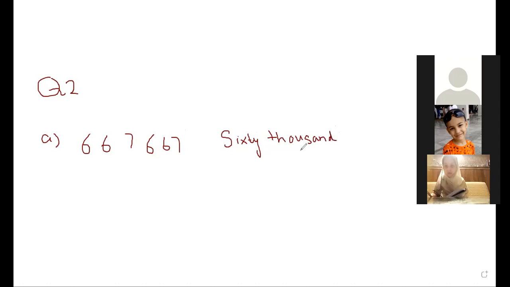So how are we going to read this value? We know the first one is unit, then we have 10, then we have 100.